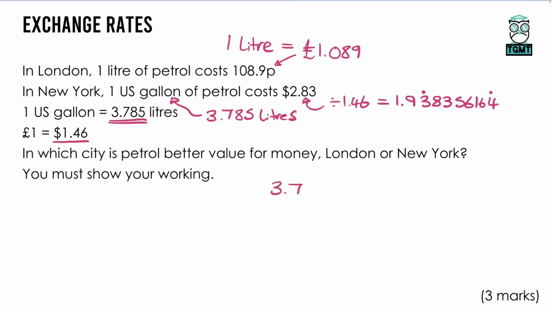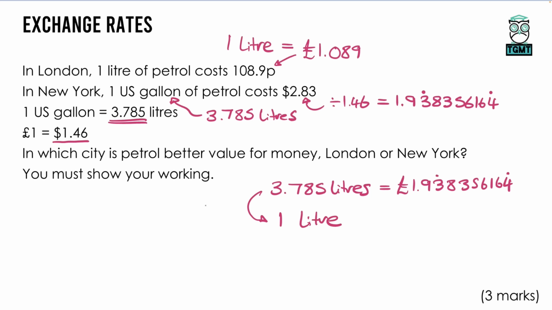So we have 3.785 litres, which is equal to this £1.93 with the 8356164 number, which I am just going to leave on my calculator because that's really awkward to have to type back in. Now I want to know the value, not for 3.785 litres, but I want to know the value of 1 litre. So to get there, I just need to divide by 3.785, and that's going to tell me the value of 1 litre. I'll just do the same to the other side as well.